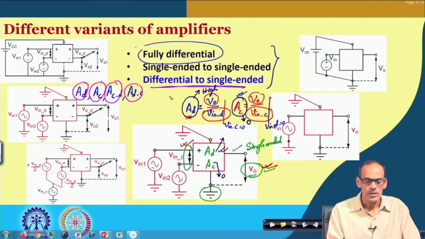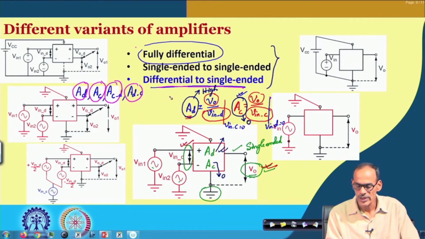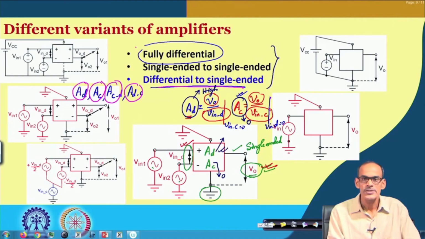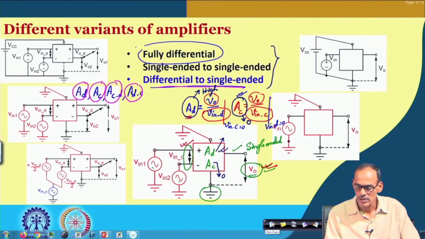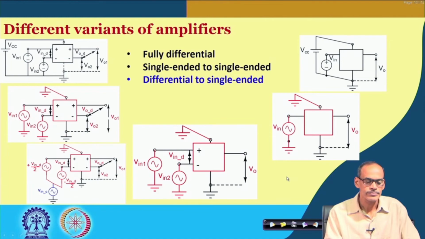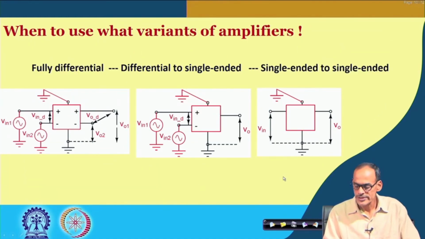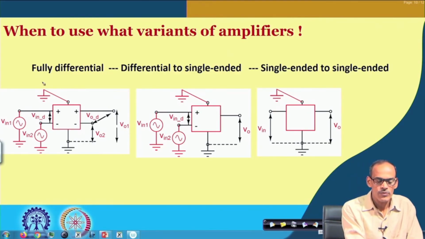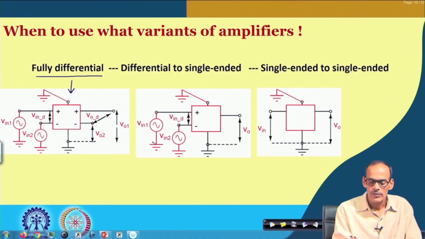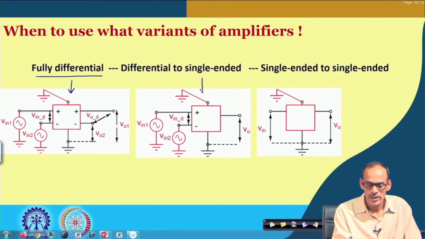Right. So, now when and where to use these different kinds of circuits. Let us try to see where we consider which circuit, keeping in mind that the basic purpose of a differential amplifier is to suppress the unwanted part, namely the common mode part. So, if you see this chain, we have a fully differential amplifier, followed by a differential-to-single-ended amplifier.